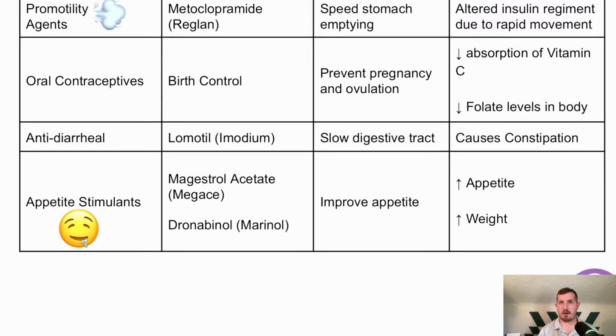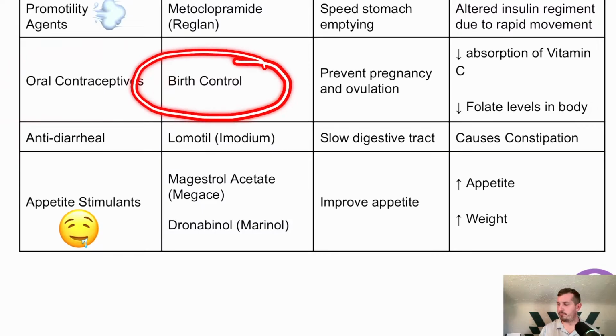I don't have the physiology as to why, it was just mentioned in the text, and decreased levels of folate in the body. Why do you think that? In my mind, what association do I make between birth control and folate levels?